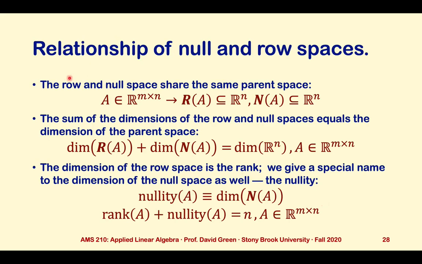The row space and the null space have the same parent space, which is n-dimensional space, Rn. And the sum of the dimensions of the row space and the null space equals the dimension of the parent space. The dimension of the row space plus the dimension of the null space equals n, which is the dimension of Rn.